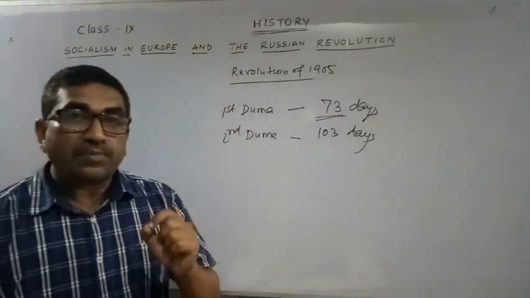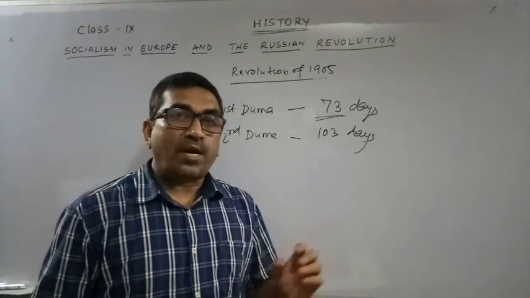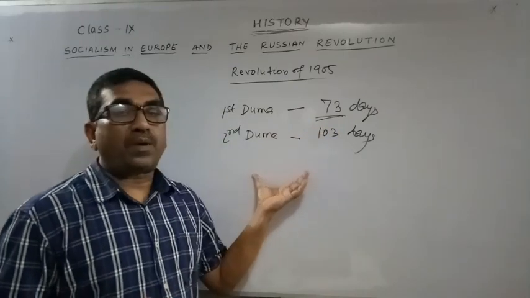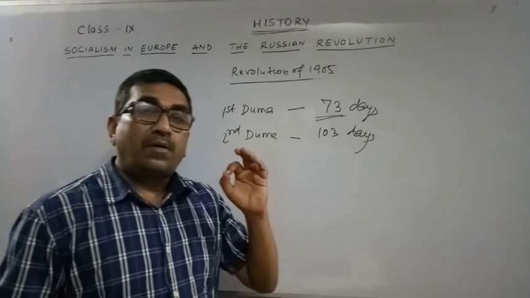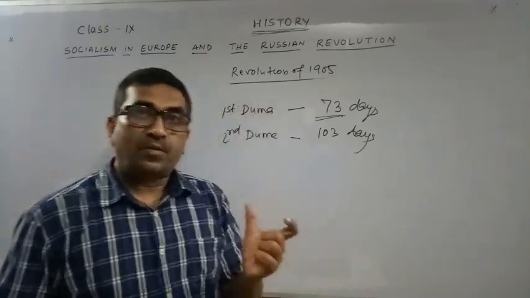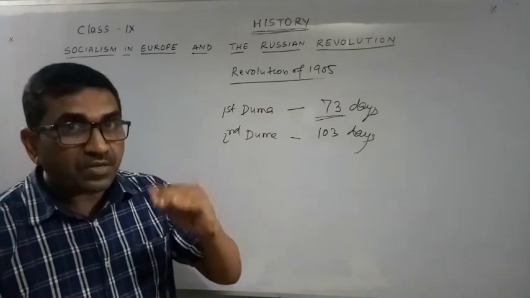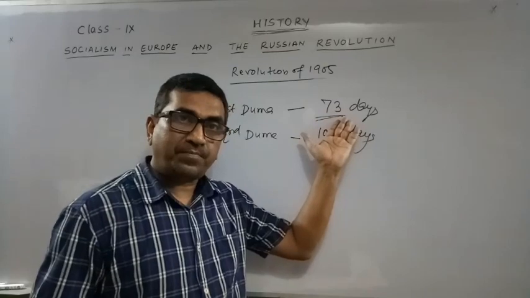Because they wanted themselves to be less responsible. That's why they were dissolving this Duma frequently. In the first Duma, the liberals and the revolutionaries were more in number, so their power would have been seized less, so it was dissolved within 73 days.